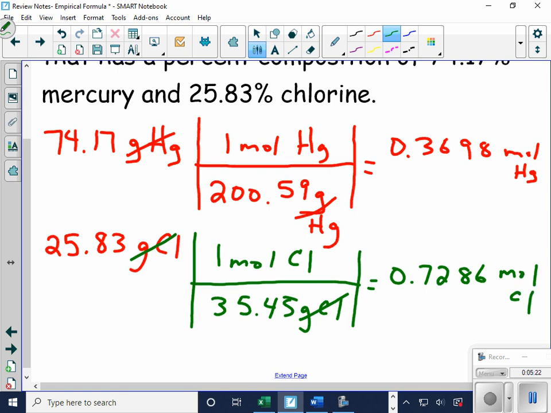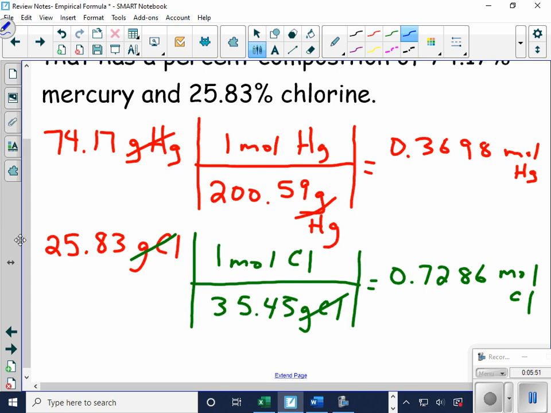Okay. Now, nothing's new. We haven't done anything new yet because we've done mass to moles. We've done percent composition. The new part is, though, in order to determine the empirical formula, I am going to compare my moles of each of the individual elements. So I look, which value has the lower amount of moles?